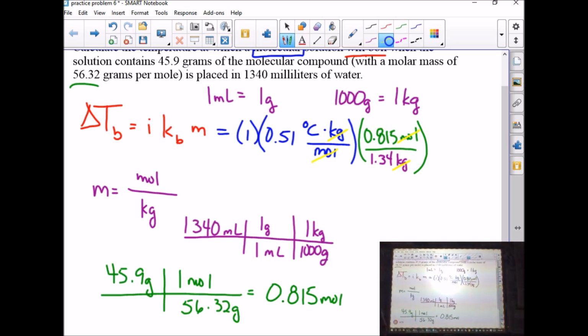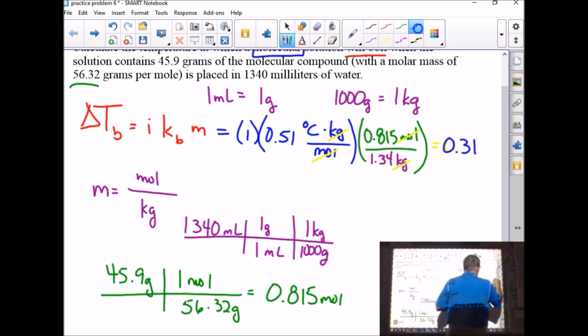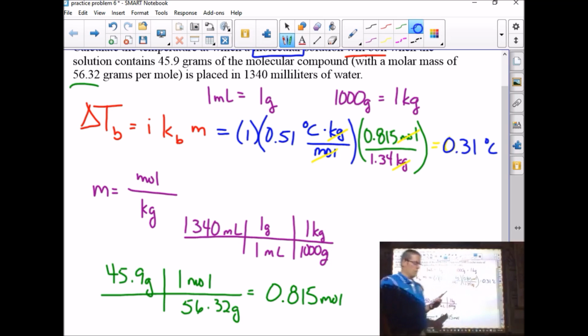But leave it as moles over kilograms, the unit, so that they can cancel out. And I think, is it 0.31? What is it? 0.31 degrees? 0.32 is fine. It's close enough. All right, so that's our change in temperature.